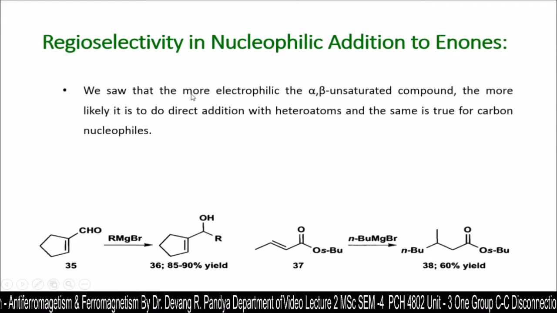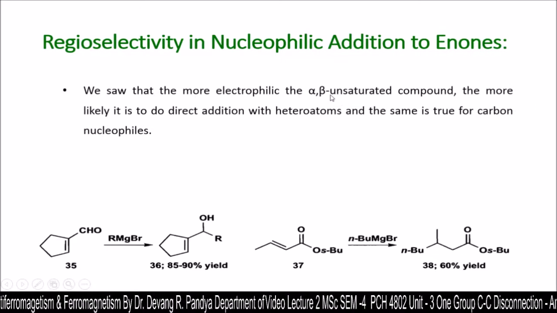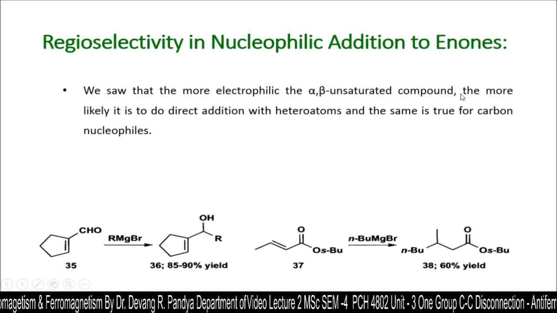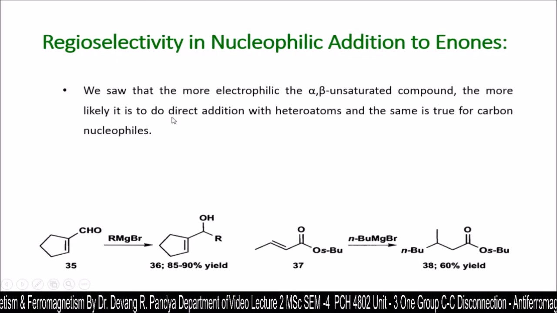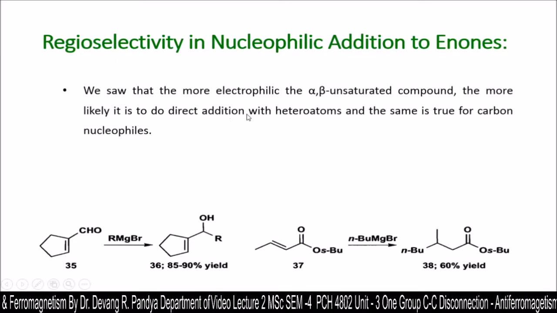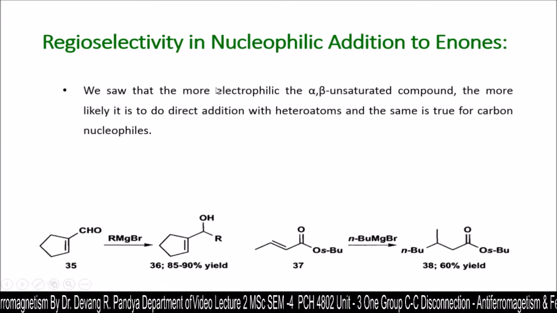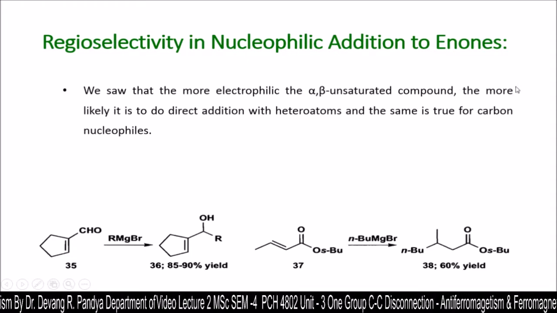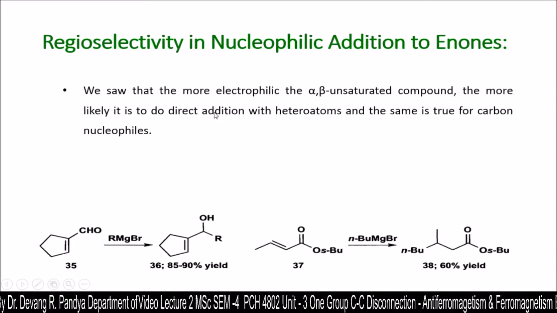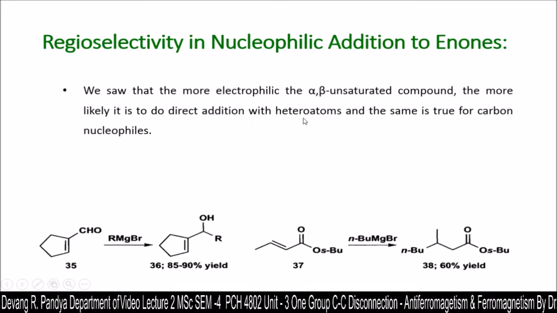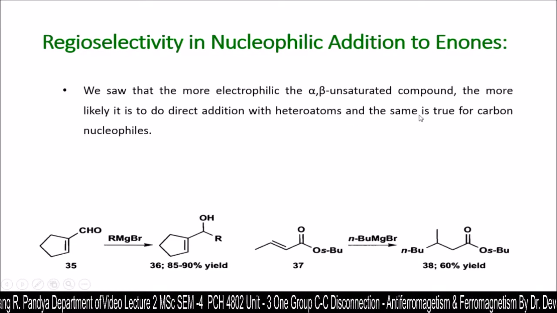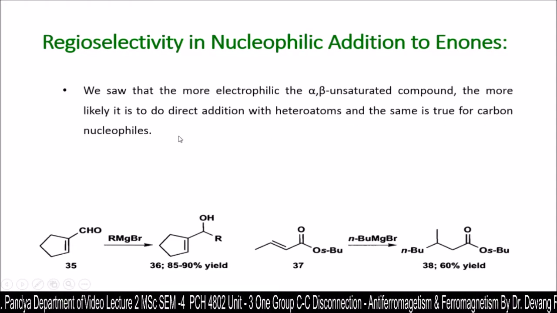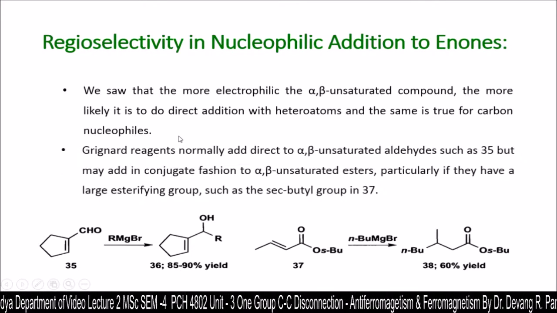We saw that the more electrophilic the alpha beta unsaturated compound, the more likely it is to undergo direct addition. If the alpha beta unsaturated compound is more electrophilic, it is more likely to give direct, that is 1,2, addition with heteroatoms, and the same is true for carbon nucleophiles as well.